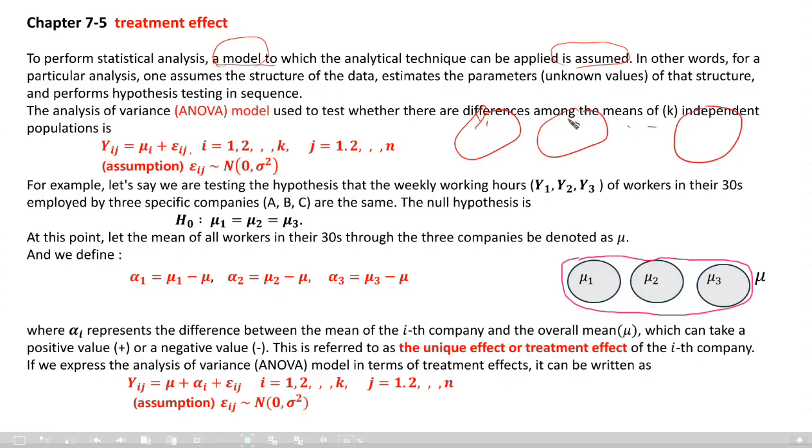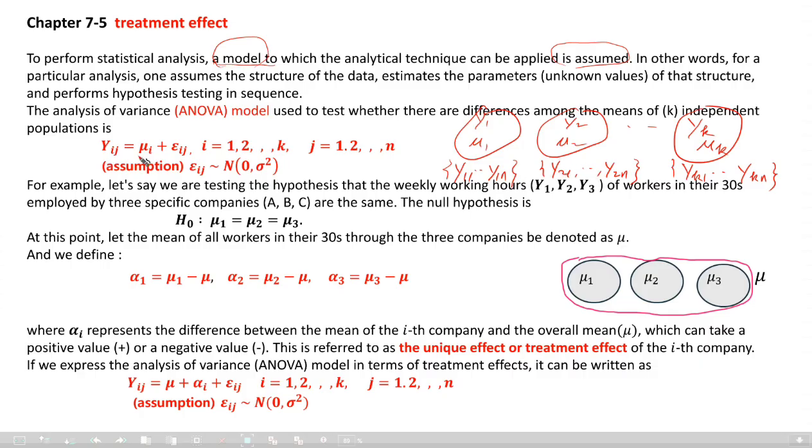These are y1, y2, yk, random variables, and they have means mu1, mu2, mu k, and we have samples y11 up to y1n from population 1, y21 to y2n, and the sample size is equal, up to yk1 through ykn. These are samples, okay?